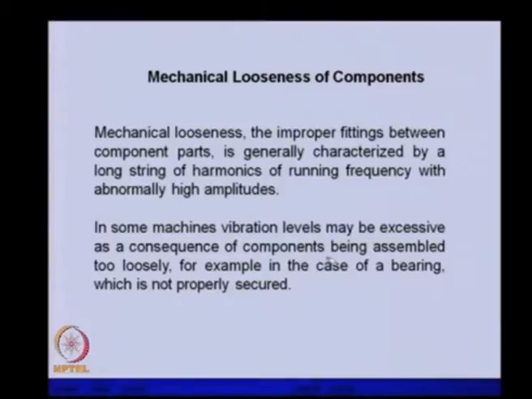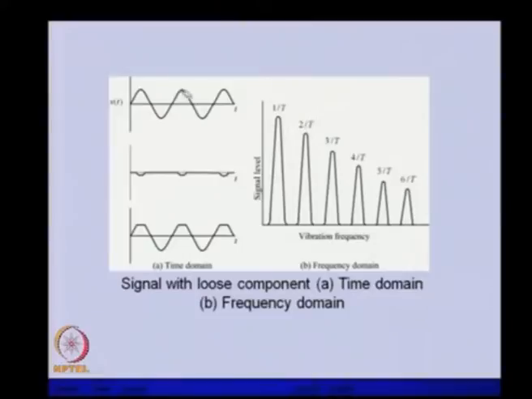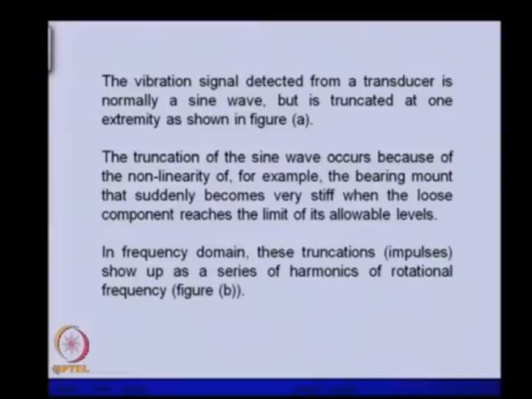For example, in the case of a bearing which is not properly secured, the vibration signal detected from a transducer is normally a sine wave, but is truncated at one extreme as shown in the figure. So, the vibration signal should be sinusoidal, but sometimes we see that one extreme is flattened because of this looseness.